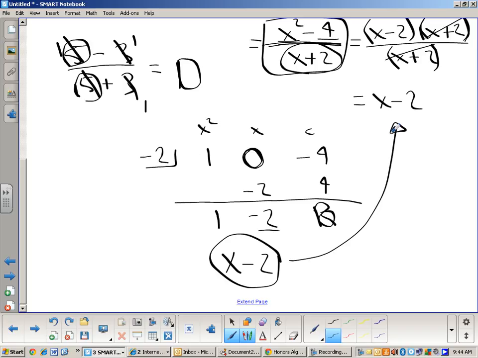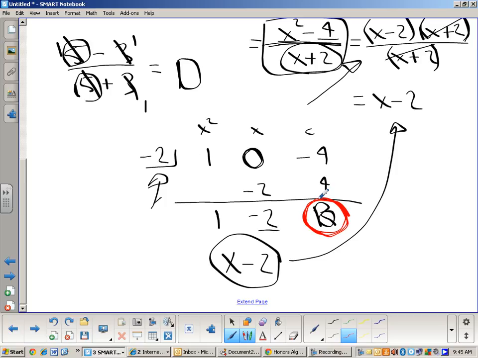Well, this method's easier for me because I noticed it factored. But if I didn't notice it factored, then I'm going to want to use synthetic division. And by the way, if I get something here that's not 0, then it didn't reduce. Then there's nothing I could have done.